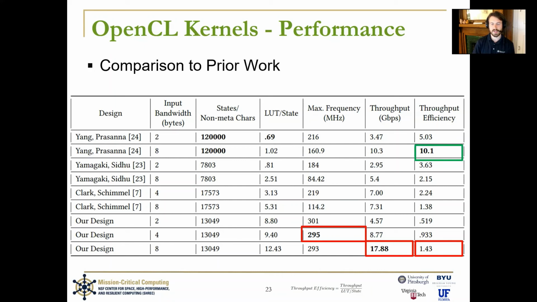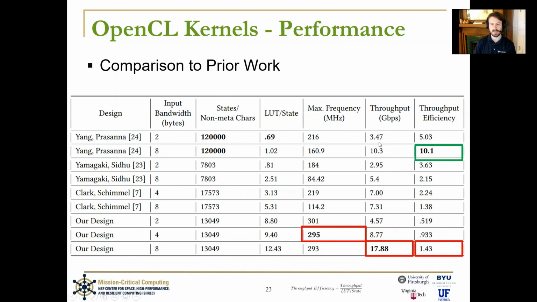This is throughput efficiency, which normalizes the throughput by the number of lookup tables per state used in the design. This helps create a level playing field between designs that use different NFAs in their work, and also shows how good the design is at efficiently utilizing resources.